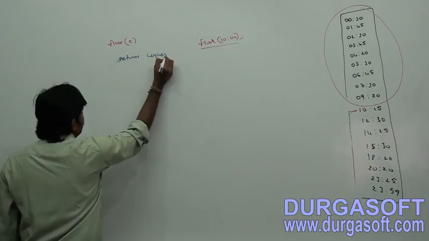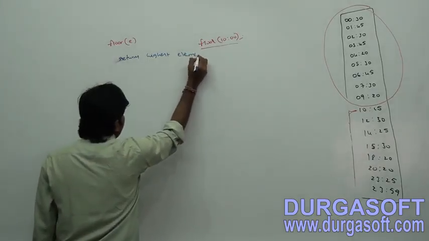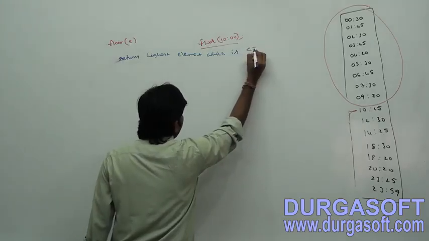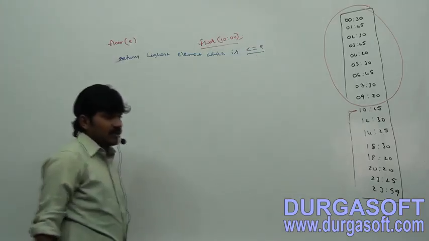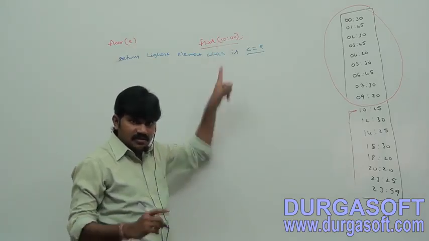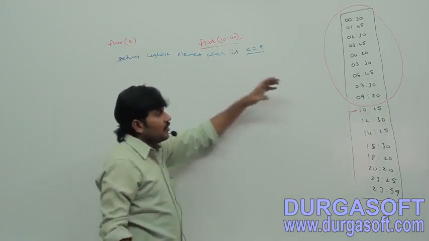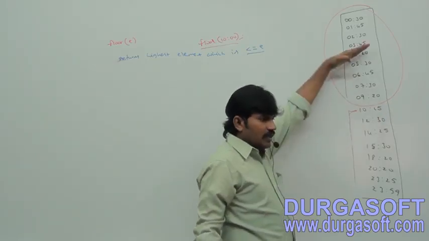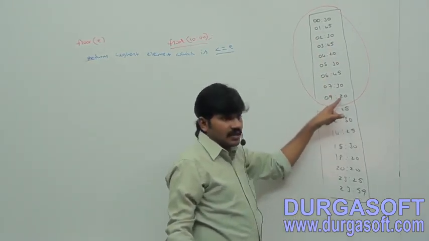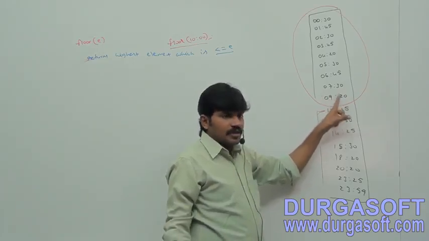Returns highest element, which is less than or equal to E. So, returns highest element which is less than or equal to 10. Either 10 or before 10, what is the highest element? It is nothing but 9:20, right?